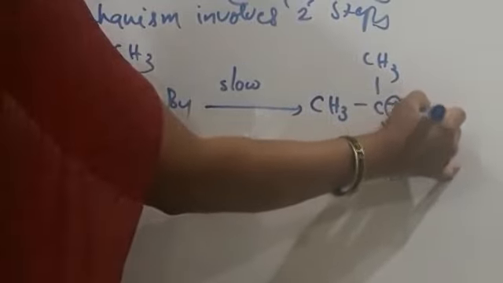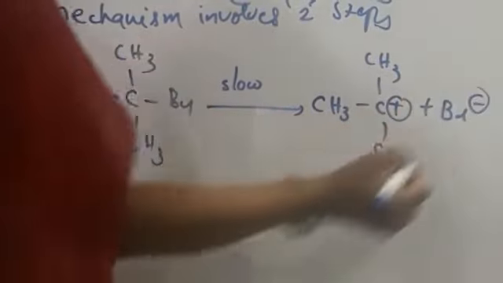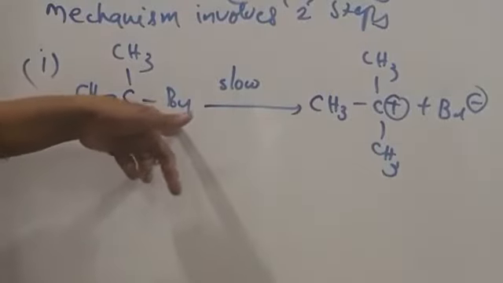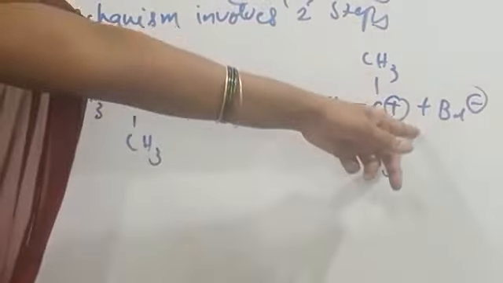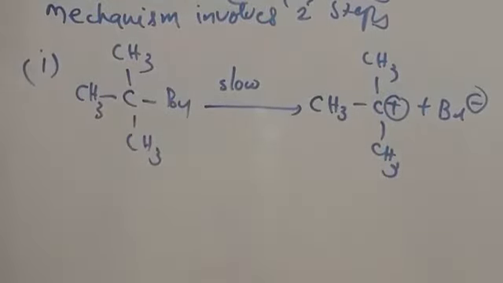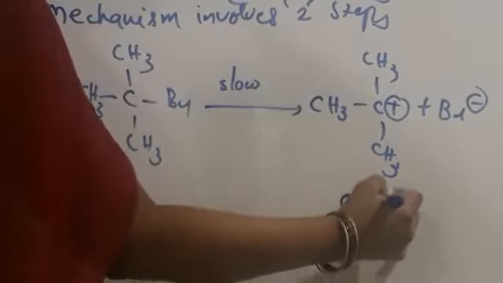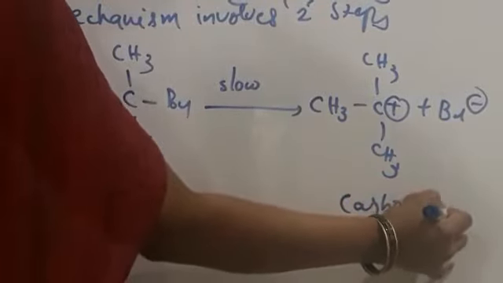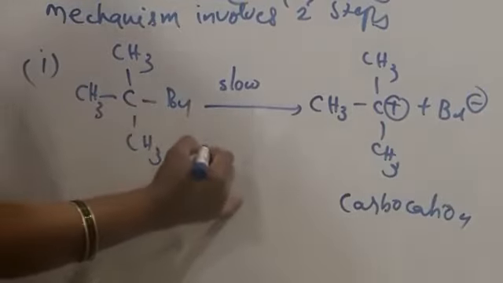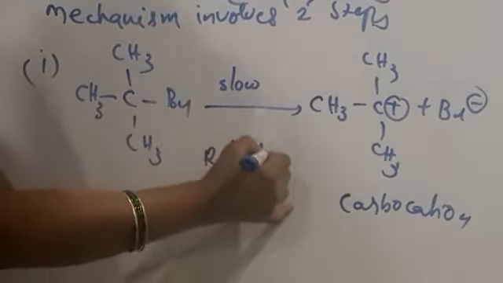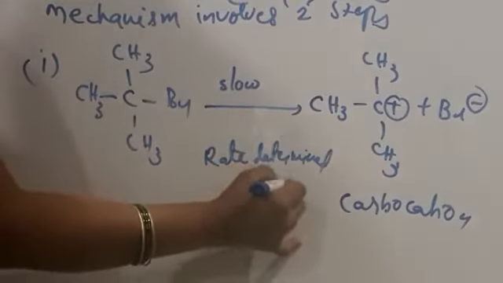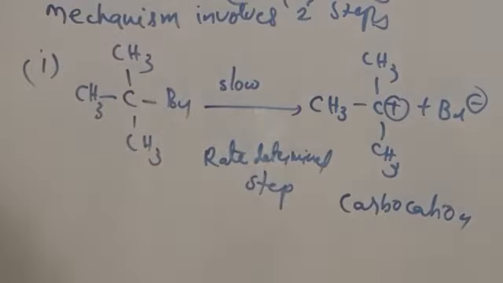A stable carbocation is formed here, with the removal of bromide ion. So with the removal of bromide ion, we get carbocation. Okay, so this is carbocation, and this is the slow step. And this is also called the rate determining step. This step is also called the rate determining step.